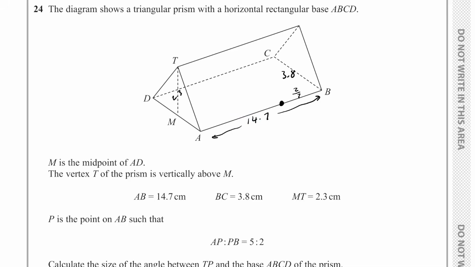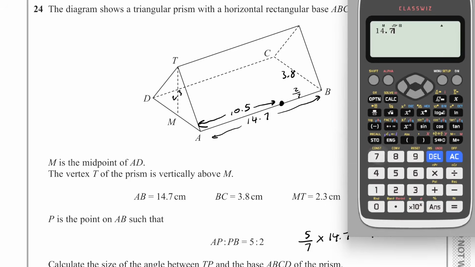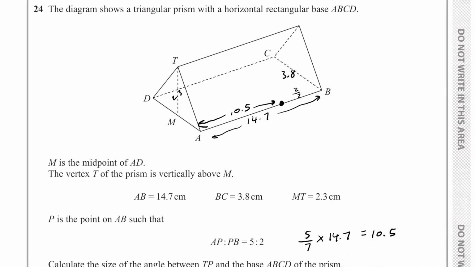So let's just do that. 5/7 of 14.7 is 10.5. So we've got 10.5 and 14.7 take away 10.5 is 4.2. So we've got 10.5 and 4.2, and that's P in the middle.